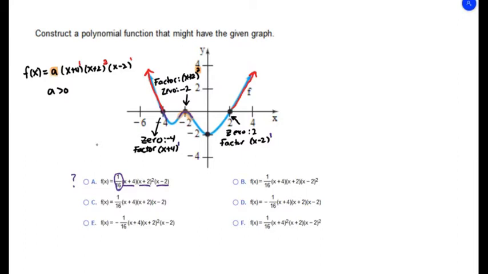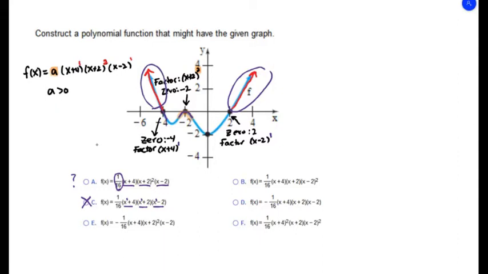In this next one, we have a factor of x plus 4, x plus 2, x minus 2. And this one we're going to have to rule out because this only has 3 x's. That would be x to the third power, and the end behavior wouldn't match that.